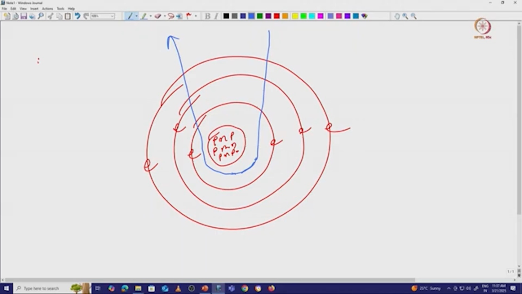This is called the backscattered electron. There is another possibility: one electron is coming here, very close to the nucleus, and reflects back.